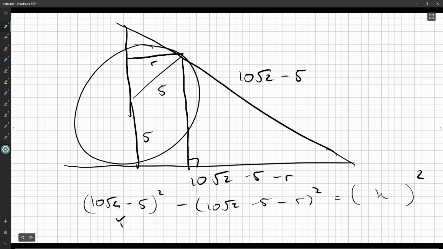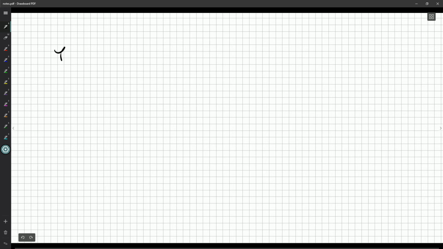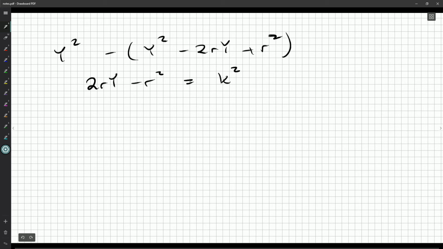I'm going to call this Y. So Y minus R squared. Y squared minus 2RY plus R squared. And that'll be 2RY minus R squared has got to be equal to K squared. Fine.